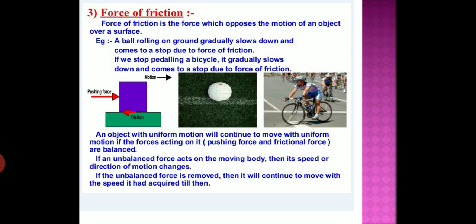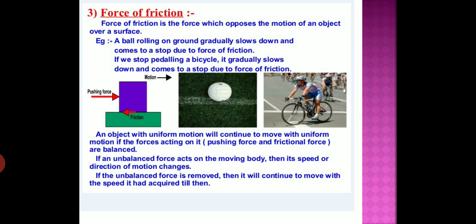We can say that an object moves with a uniform velocity when the forces, pushing force or frictional force, acting on the object are balanced and there are no external forces on it. And when you apply an unbalanced force on the cycle, there will be a change in the speed and also in the direction of the motion.